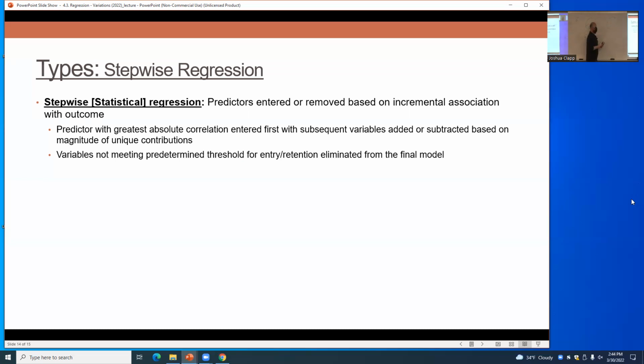Okay. When we go into stepwise regression, here we've got this. What we do is we look at our possible predictors and we say that Z has the biggest bivariate correlation with our outcome.